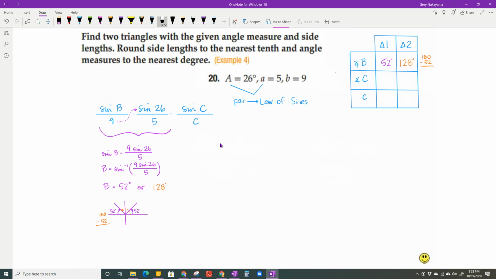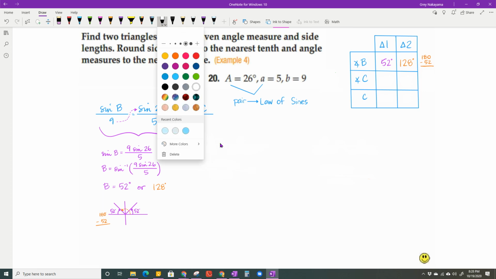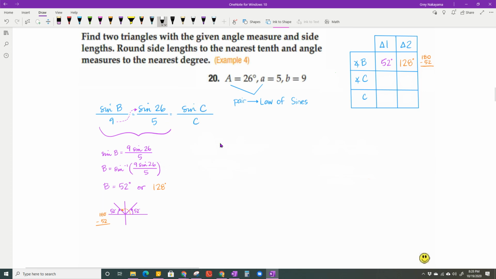Now, once you find that, y'all, what you want to do is cover up one of these. So I'm going to cover it up just like that, okay? Because I'm going to finish solving the first triangle, and then I'm going to talk about solving the second triangle. So in the first triangle, I now am going to use the right side of my extended ratio, and I'm going to have this 5 over the sine of 26.